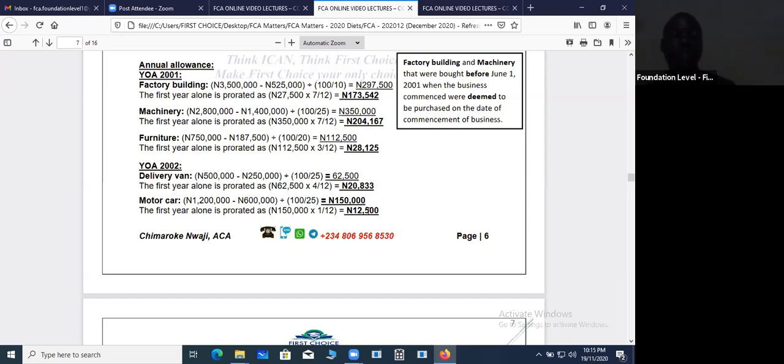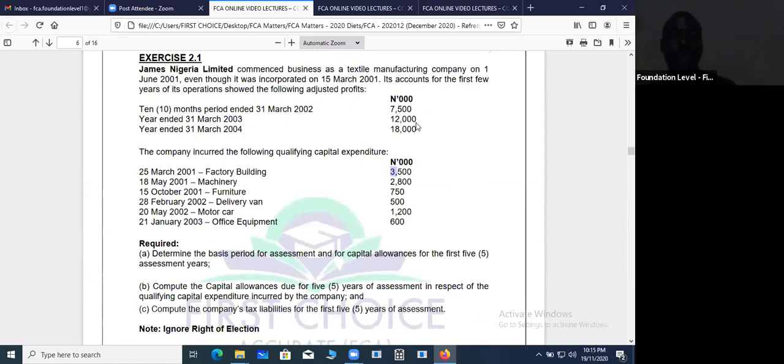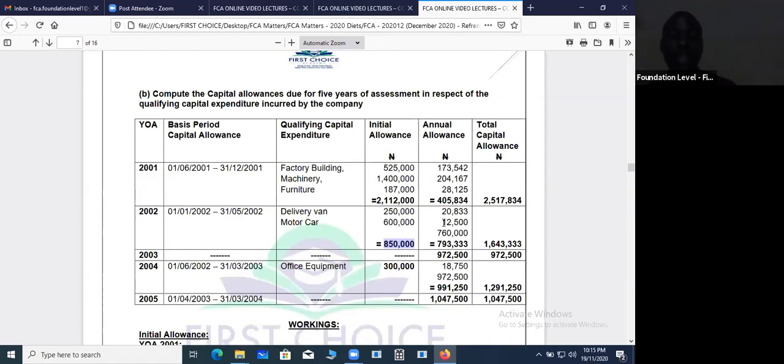That is 12,500. Now, that's what we did. 12,500 for motor car, 23,880,833 for delivery van.